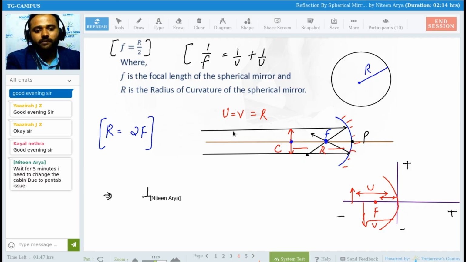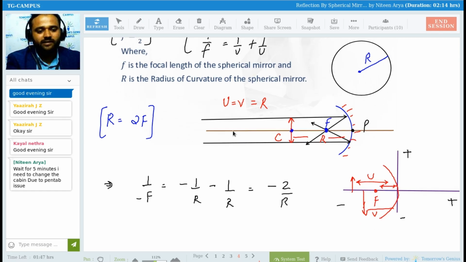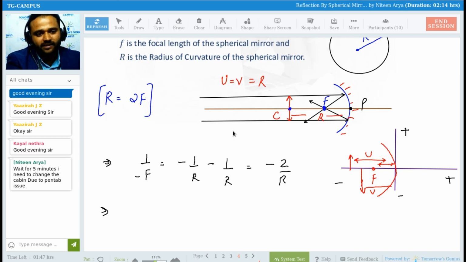So simply, 1/f equals minus 1/r, minus 1/r, which gives me minus 2/r. The minuses cancel each other. So from here we can say directly that 1/f equals 2/r, and reversing this, f equals r/2.